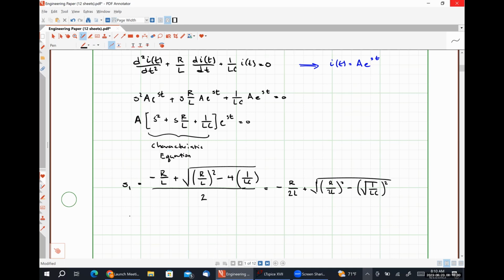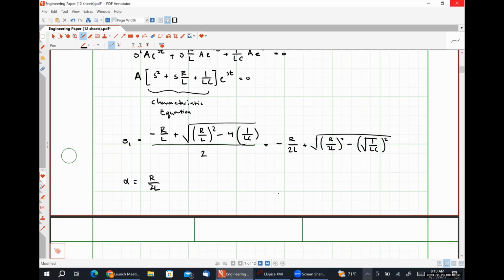And I can identify my Neper frequency for this system, alpha, as R over 2L, once again measured in Nepers per second. And my resonant frequency, omega naught, will once again be the square root of 1 over LC.